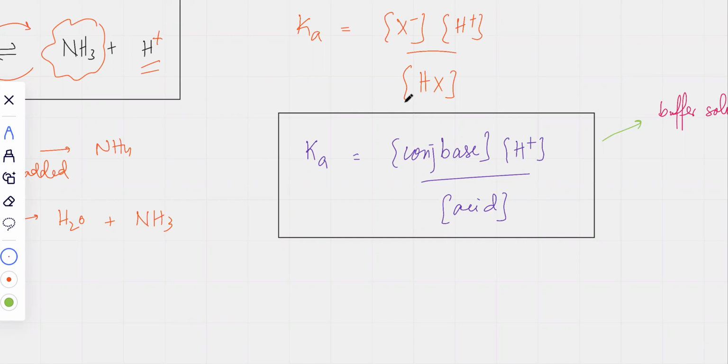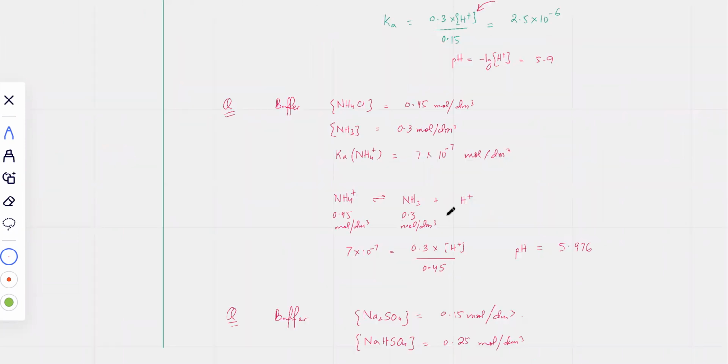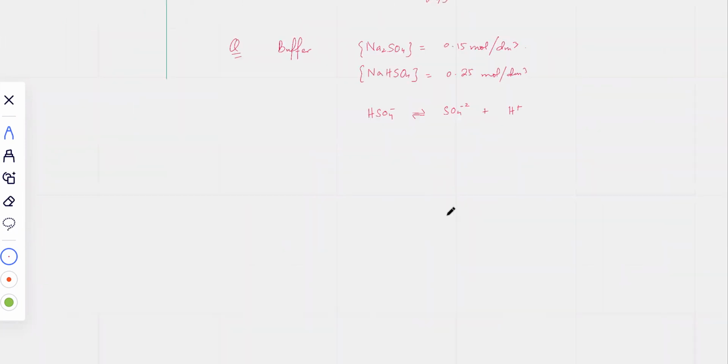They won't just directly give you the conjugate base concentration or the acid concentration. You would have to actually calculate their concentrations. So a lot of times you get questions which are kind of like a moles question, but at the end of the day they're asking for the pH.